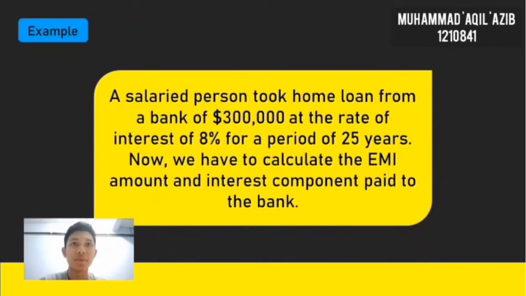Now let's do the math. From the question, a salaried person took a home loan from a bank of $300,000 at the rate of interest of 8% for a period of 25 years. Now we have to calculate the equated monthly installment, or known as EMI, amount, and the interest component paid to the bank.